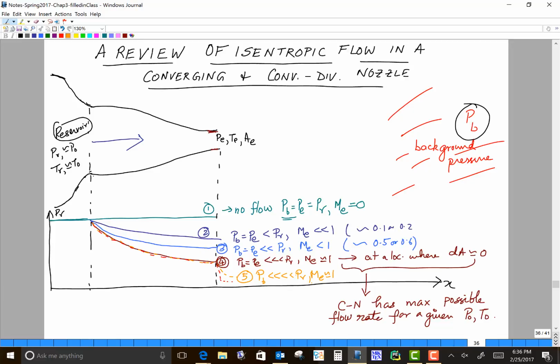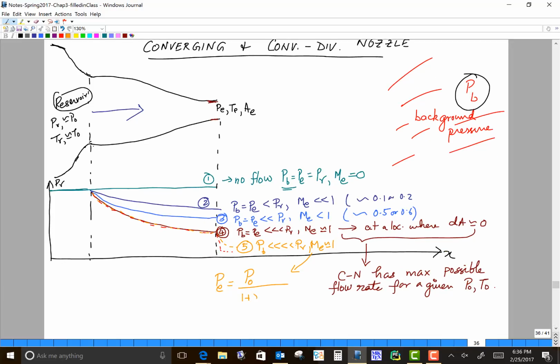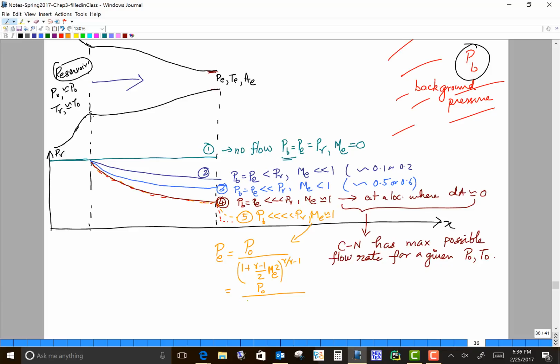And if my ME is still nearly 1, then PE is going to be obtained from my expression for isentropic flow, which is P naught by 1 plus gamma minus 1 by 2 ME squared raised to gamma by gamma minus 1, which is P naught divided by gamma plus 1 by 2.